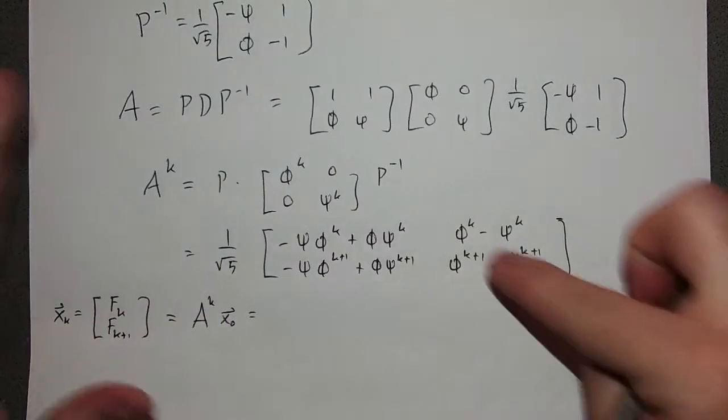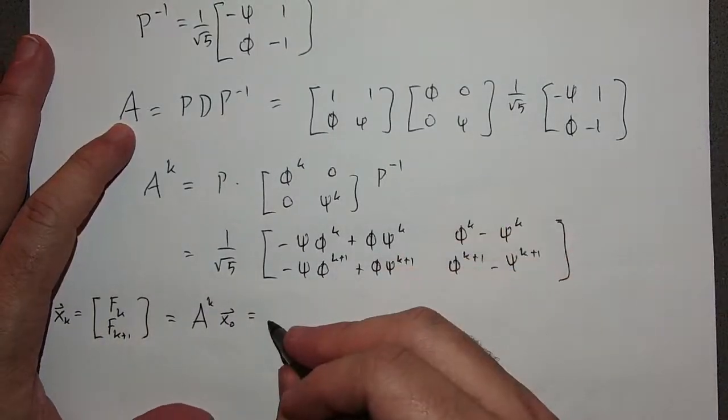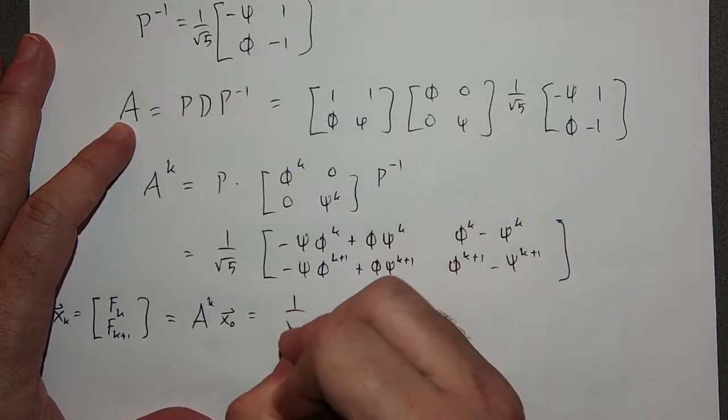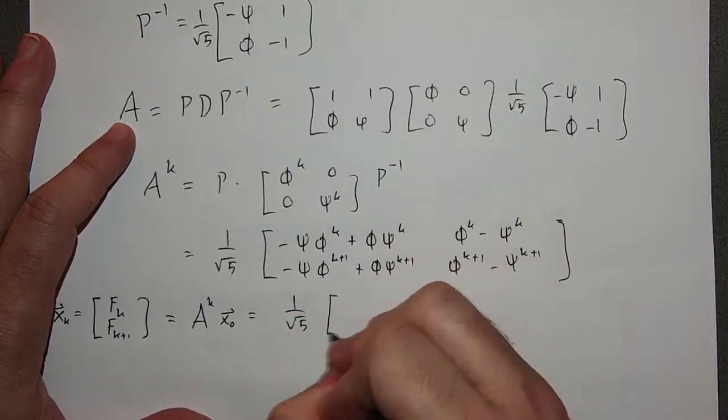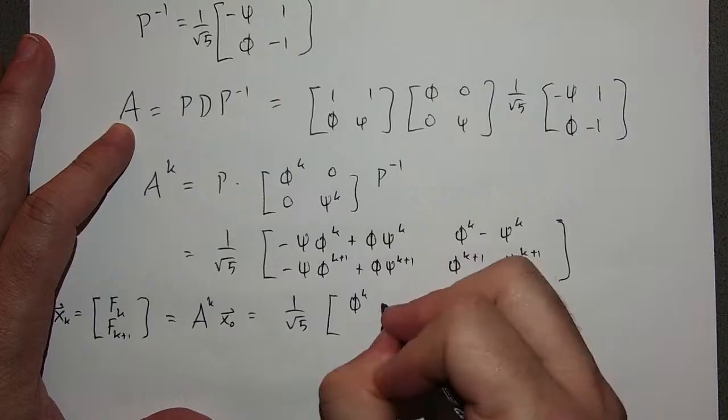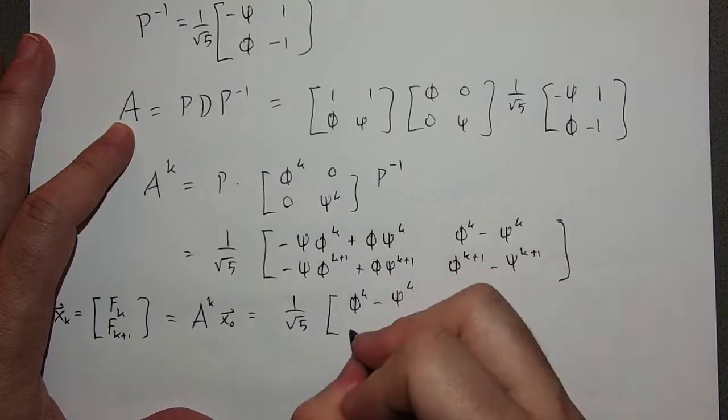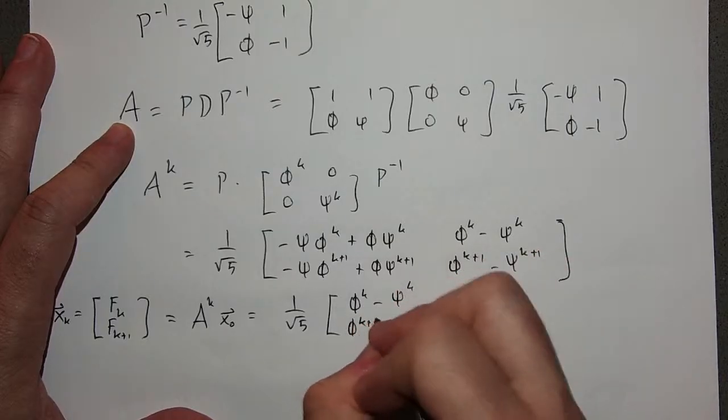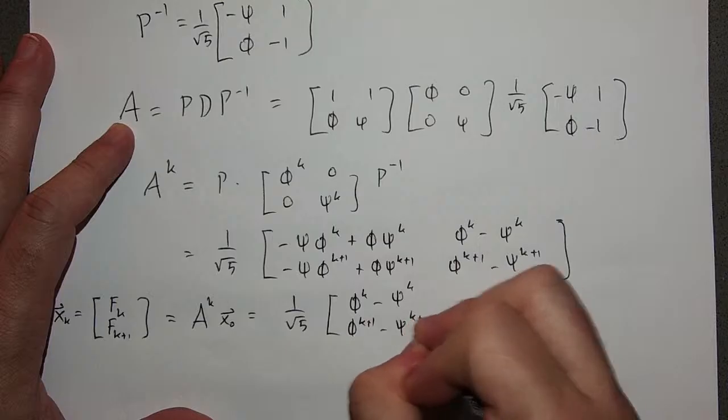So I pick out exactly this column, and what I get is 1 over root 5 times the column phi to the k minus c to the k, phi to the k plus 1 minus c to the k plus 1.